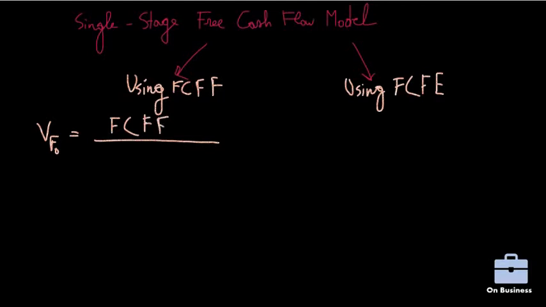Now I have to divide this by R, which is the cost of capital, and we've been calling it WACC, weighted average cost of capital, minus g, which is the growth rate. And then how do I get the value of equity? Value of equity is, as we've said before, the value of the firm minus the market value of debt.